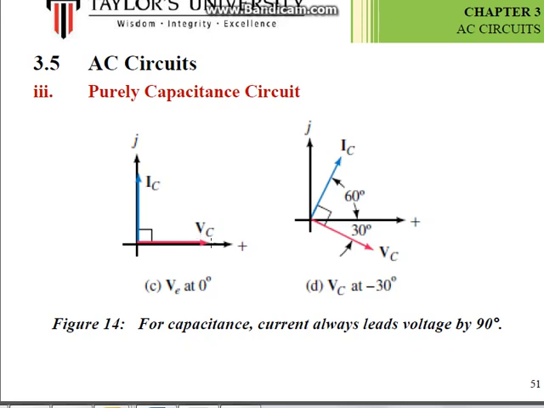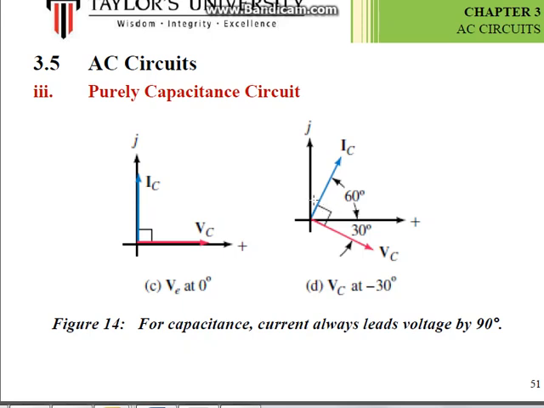So it doesn't necessarily have to be every time a straight perpendicular line where it lies on your x-axis and y-axis. It can be of certain shape like this as well, where this indicates that your VC is of a polar form of negative 30 degree, and if it's a purely capacitance circuit, definitely your I is going to be of 60 degree over here. How do I know it's 60?